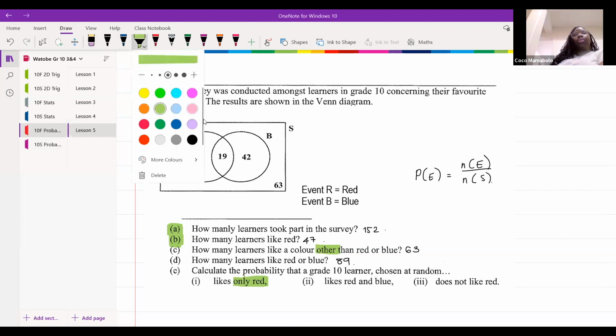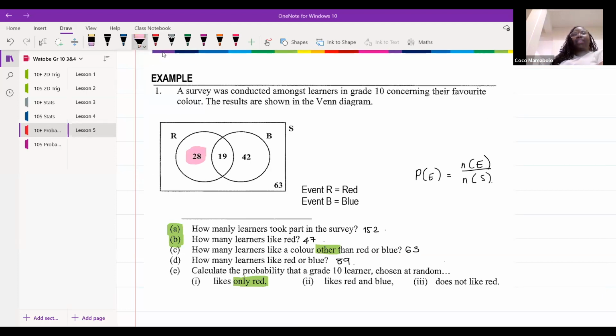Only red is 28, correct. So just these ones. We don't count the ones in the middle, because they like red and blue. But remember, guys, we want the probability, so it must be something over something, right? So the probability of only red should be 28 over 152.